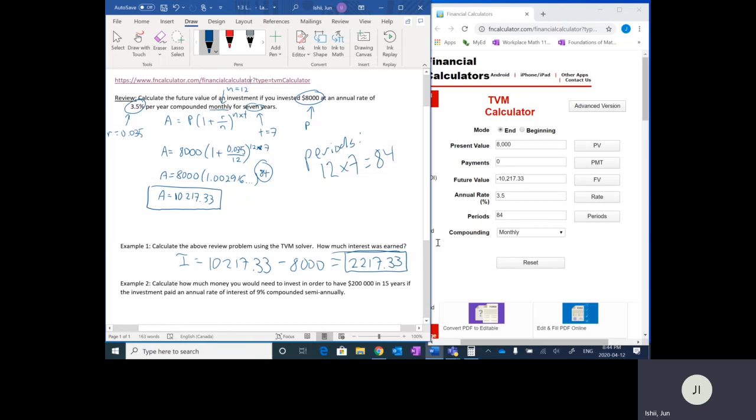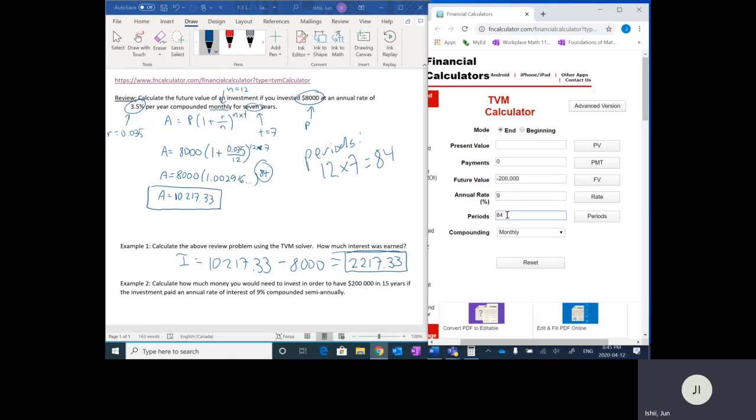That's what you're trying to find, so that would be the principal. The final value, because we want 200,000, the future value, we want to punch in as a negative. Negative 200,000. Annual rate is 9%.